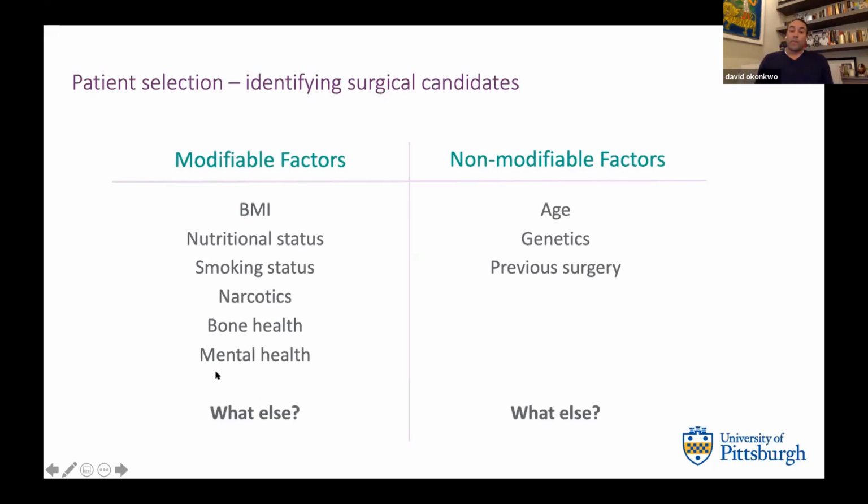And then mental health. There are so many correlations between mental health and challenges with spinal deformities, pre-op and post-op. It complicates the coping strategies on the front end. It complicates the recovery strategies on the back end.